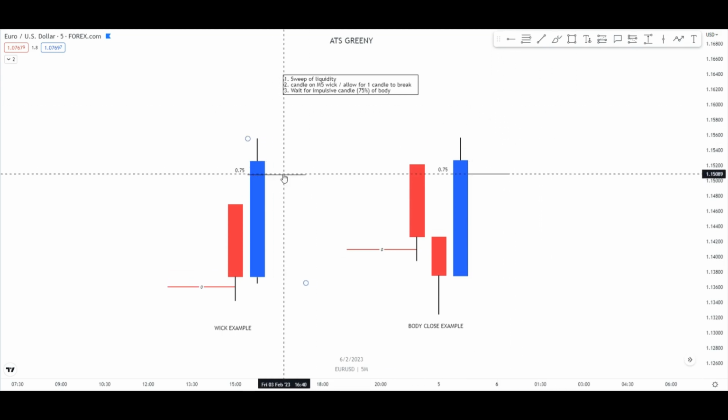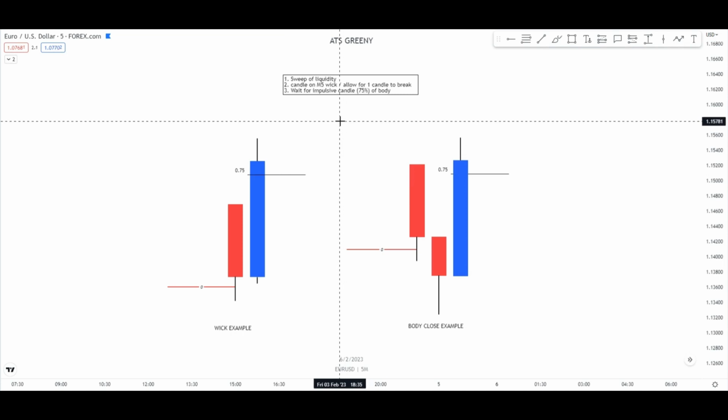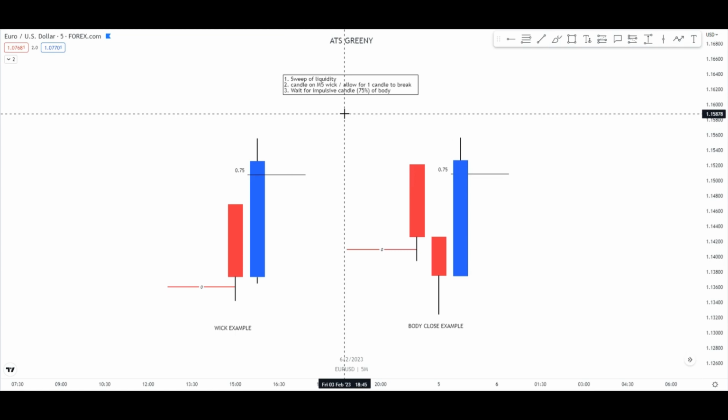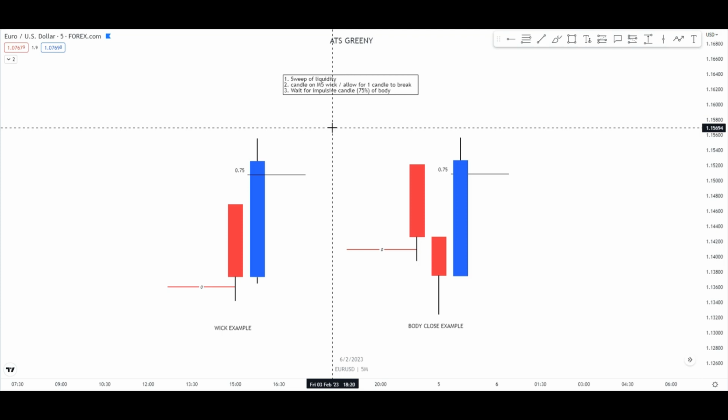And then we use our Fibonacci tool as a Fibonacci retracement, and we look at the 0.75 as it is 3/4 of the candle. In this case, we want the candle body to close over the 75 fib level. This is because it shows a heavy push into the market and there are buyers in that market.